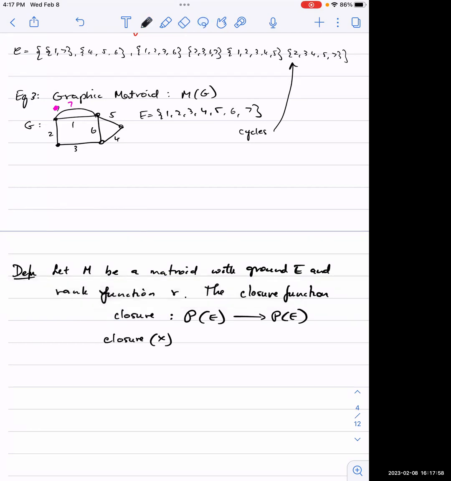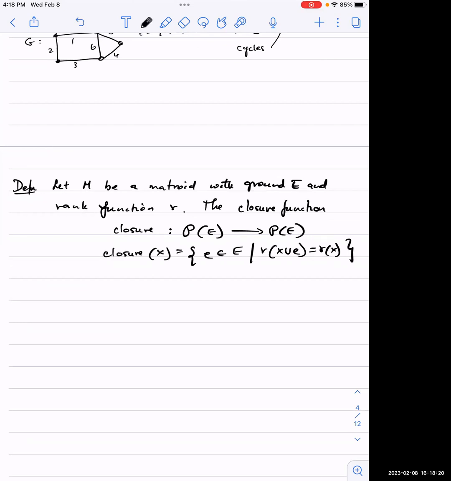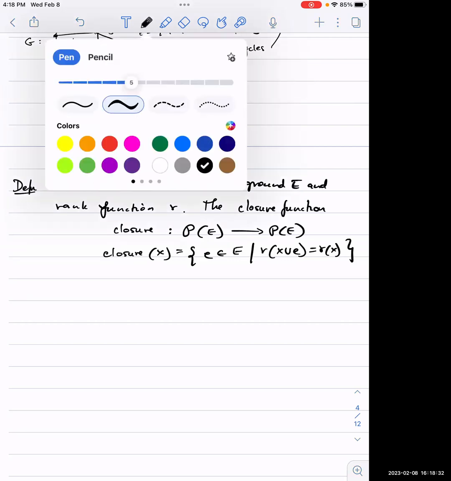I guess you could call it F. The closure of X is the set of all e in the ground set such that rank of X union e equals rank of X. So if some of this sounds like topology, the language does come from topology, and we can talk about that in another session. But this is how the closure function is defined. It's often called the closure operator.